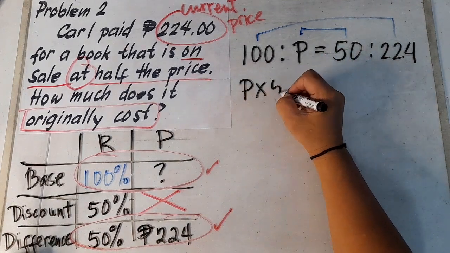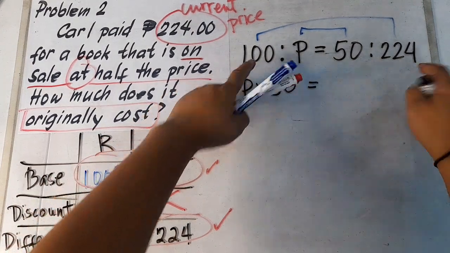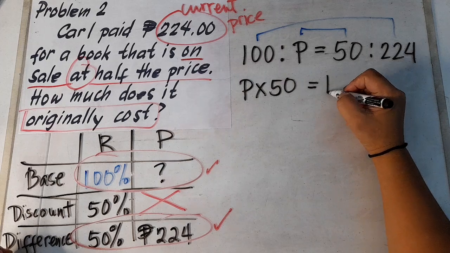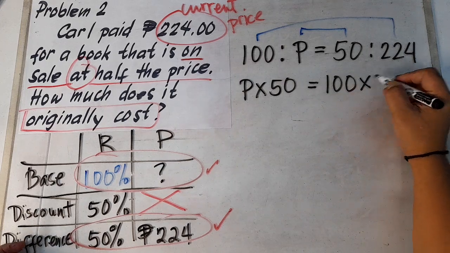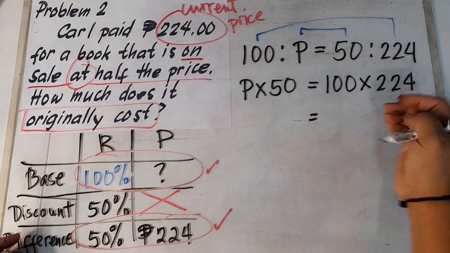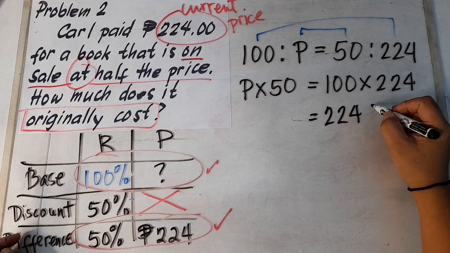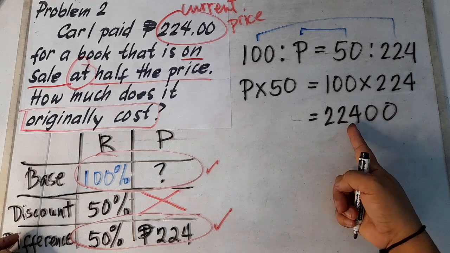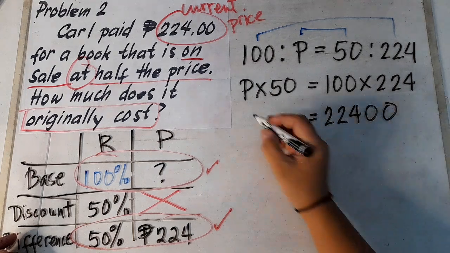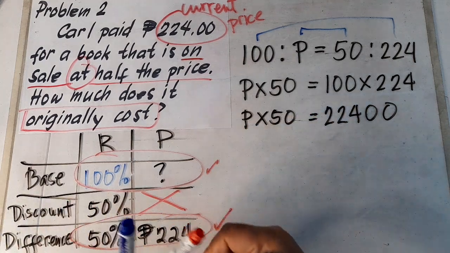P times 50 is equal to the product of the extremes. 100 times 224. Okay? What is 100 times 224? It's 22,400. And that is equivalent to P times 50.